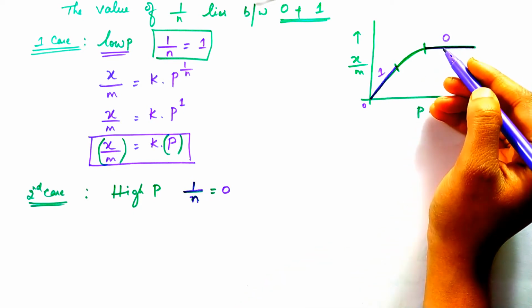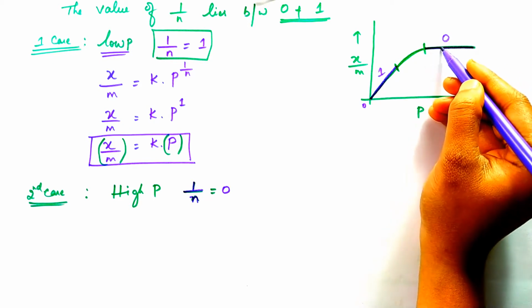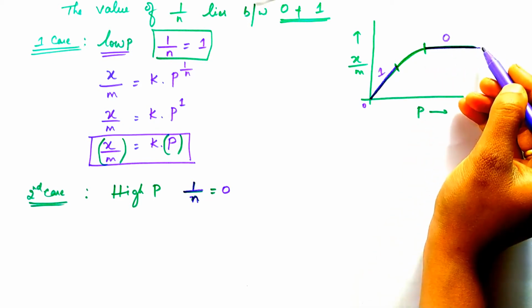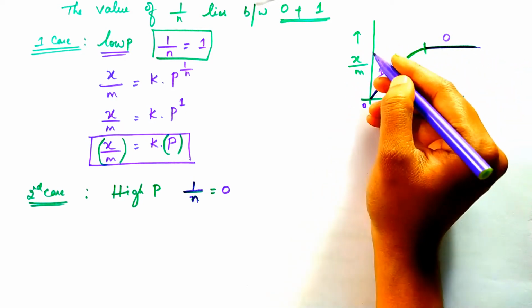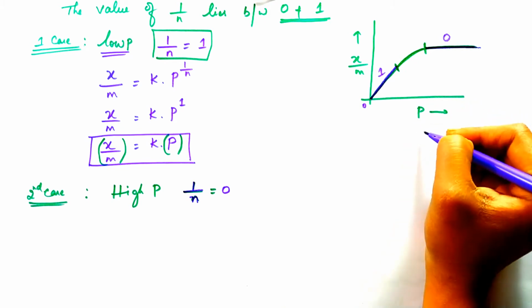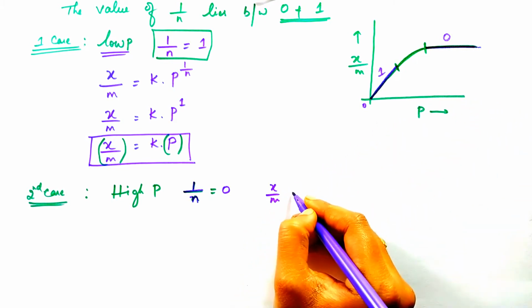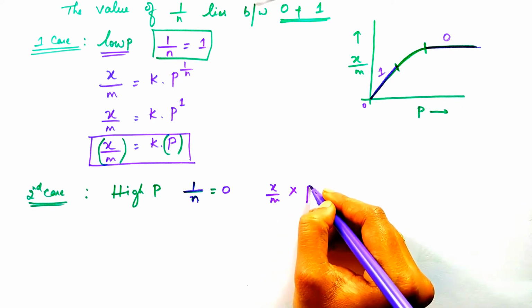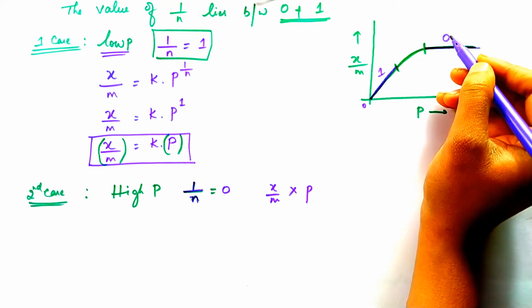There is no increase or decrease in adsorption. Therefore, we can say that the extent of adsorption does not depend on pressure here. Therefore, 1 by n value becomes 0.